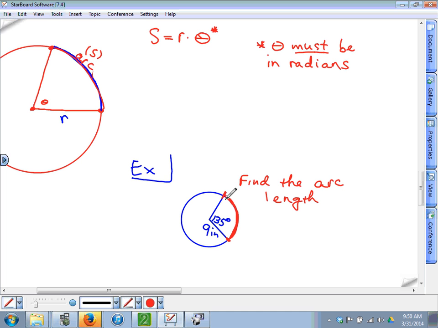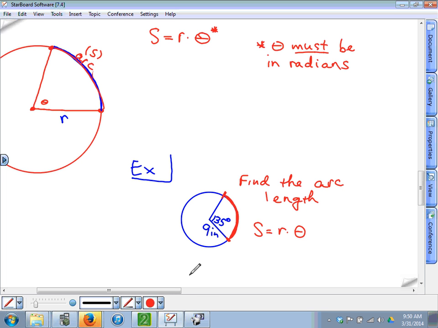Two things we have to know in order to find this arc length, S. We have to know the radius, and we have to multiply that by the angle. We know both of them. We know the radius is 9. Now, the angle is 135 degrees, but that's no good for this formula. It has to be in radians.